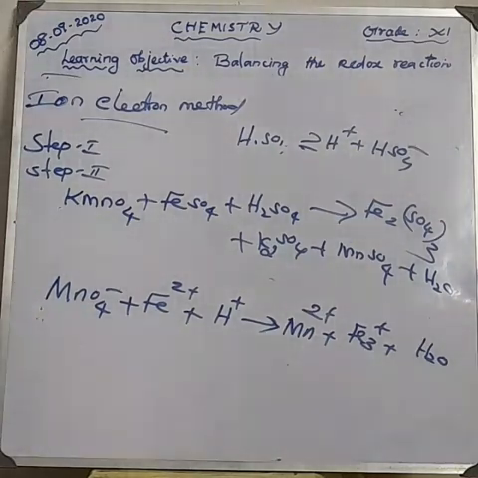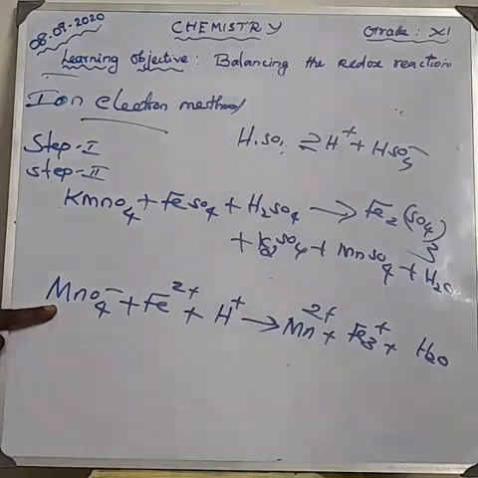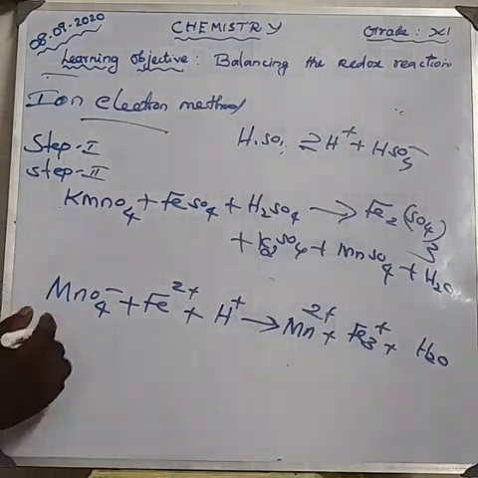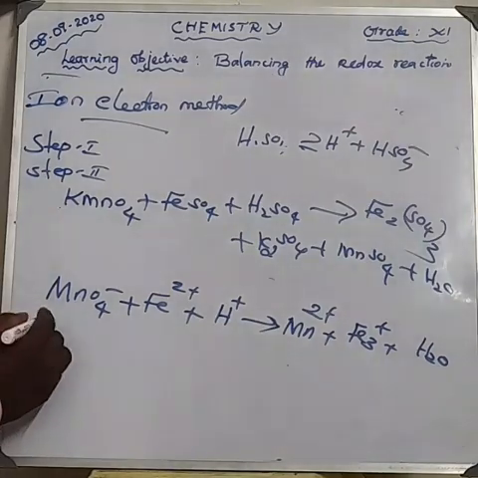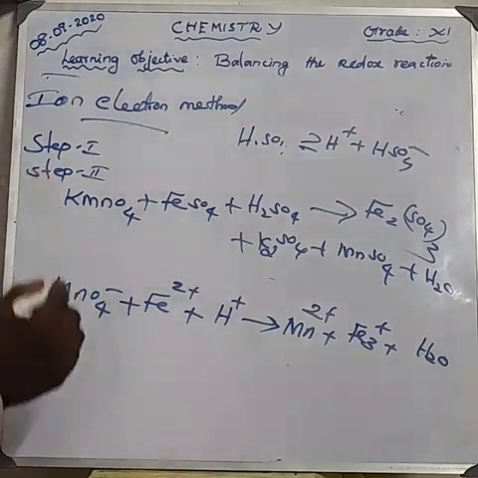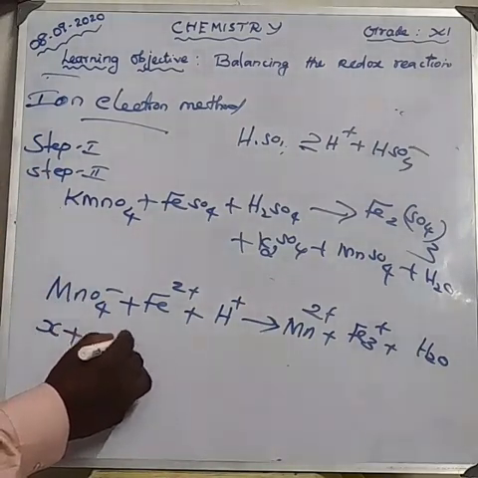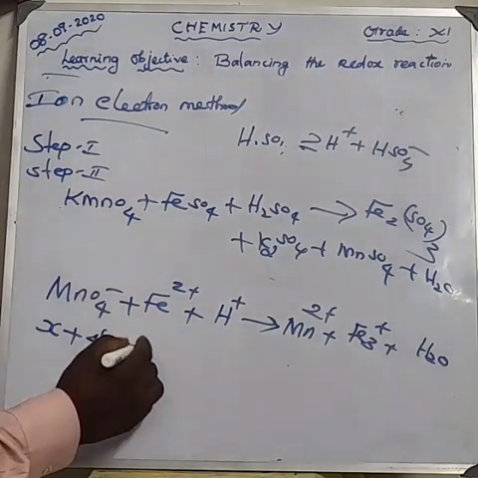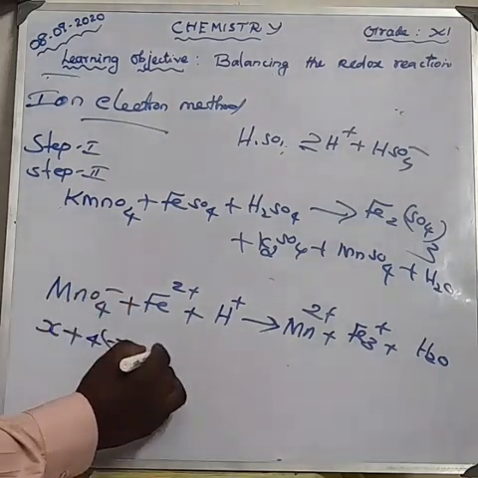First of all, you should write the oxidation state for MnO4 minus. Yesterday I told you how to write the oxidation state. Mn we can take as X. Am I right? X plus oxygen having 4, one oxygen is minus 2, so 4 into minus 2, equal to the charge minus 1.